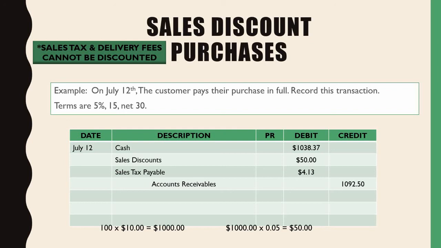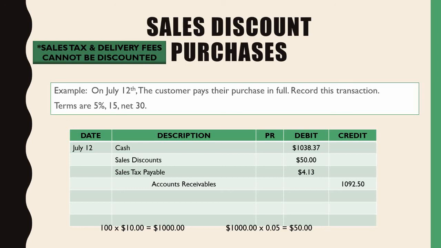So are they going to pay me for the full 1092? And how we discount that, right? It will be 5% off. Right. So they don't owe us this 1092 anymore. They owe us less. So how I did this was, if you can imagine the cash being blank, right?